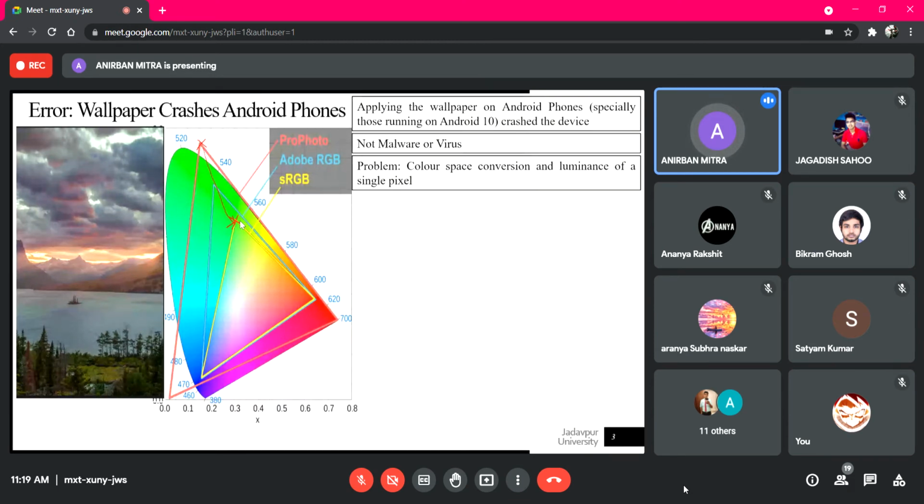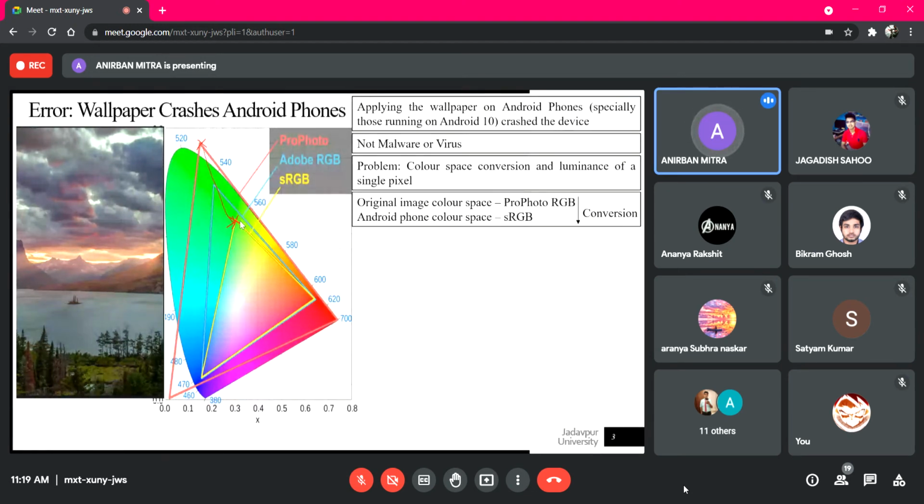However, the original image being in ProPhoto RGB and the Android phone color space being sRGB, there has to be a conversion in between, and this conversion was the source of the problem. Android could not successfully convert the image. There was a problem with a single pixel.